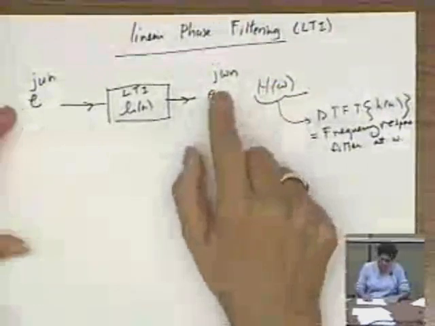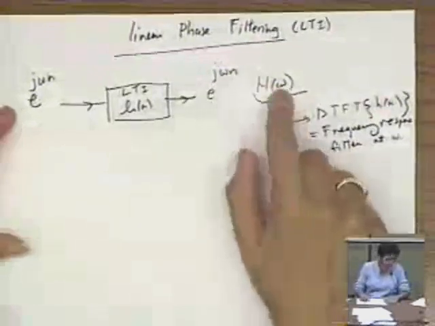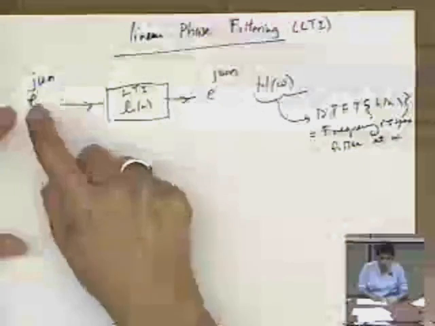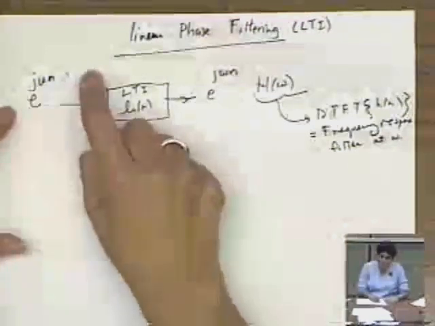So you put in an exponential of frequency omega, and what comes out is the same exponential, and how much it got scaled is a function of omega.